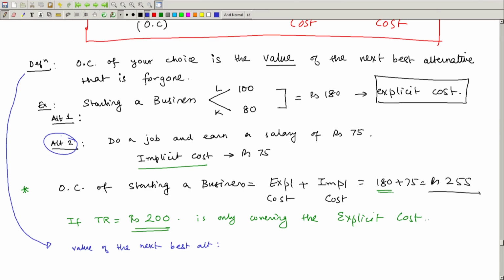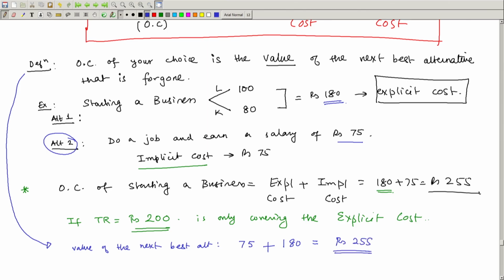It was to do a job and earn a salary of rupees 75. So what's the value of the next best alternative? Well, I do the job, earn rupees 75, right? So that's money that's coming into my pocket, and then the 180 rupees that I was spending earlier still stays in my pocket. So the total amount of money in my pocket is 180 plus 75, which is rupees 255.